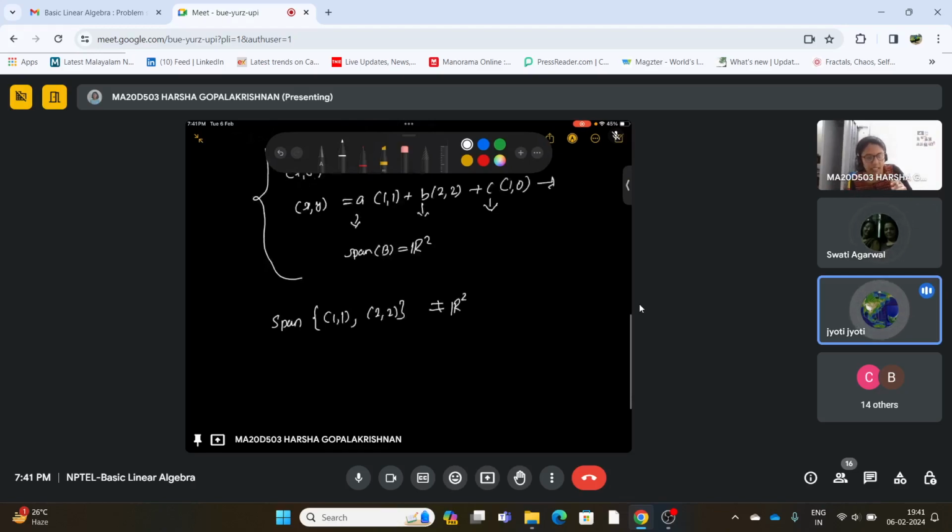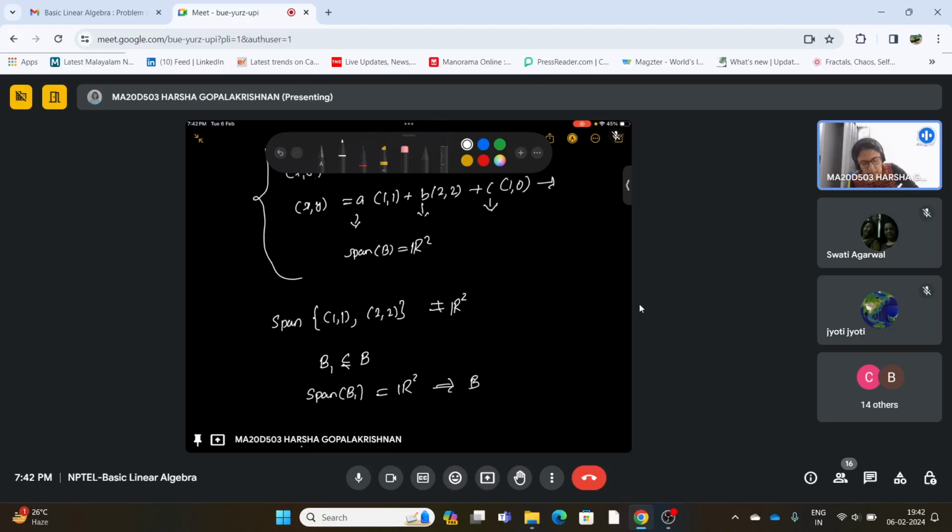The second condition says, if there exists a subset, for example a proper subset B1 of B, such that span of B1 equals R2, that implies the bigger set B is not a basis. That is the second condition.